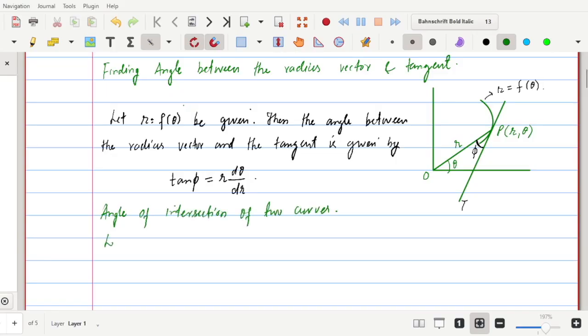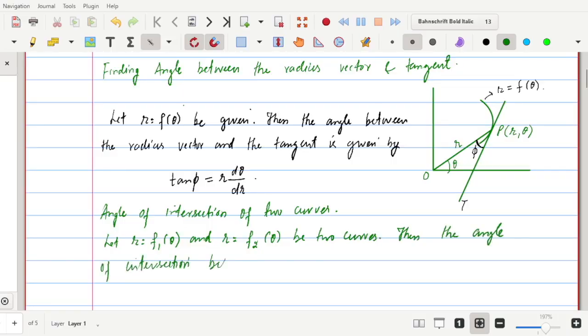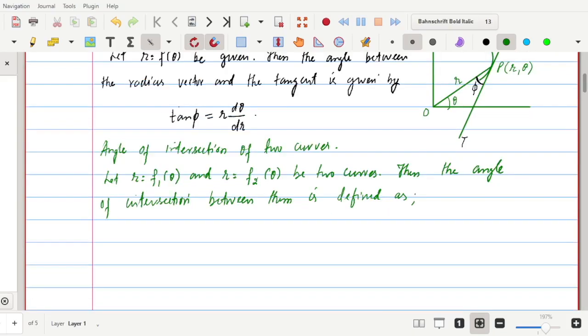Suppose we have two curves, let r is equal to f1 of theta and r is equal to f2 of theta be two curves, then the angle of intersection between them is given by alpha, which is equal to modulus of phi 1 minus phi 2.